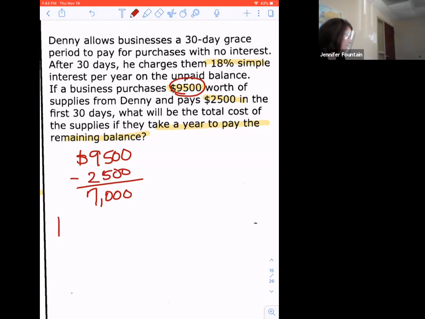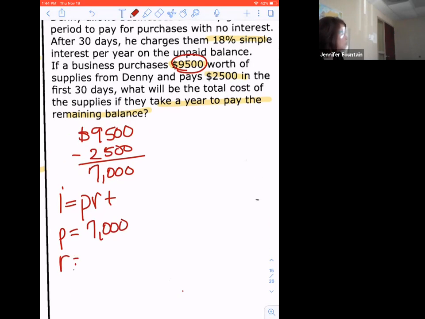So remember, I have I is equal to PRT. I know I'm going to be solving for I, but what is P here? What is my principal amount that we're going to be paying interest on? What is the bulk of the amount? $7,000. What is R? What is the rate? What is my percentage? 18%.